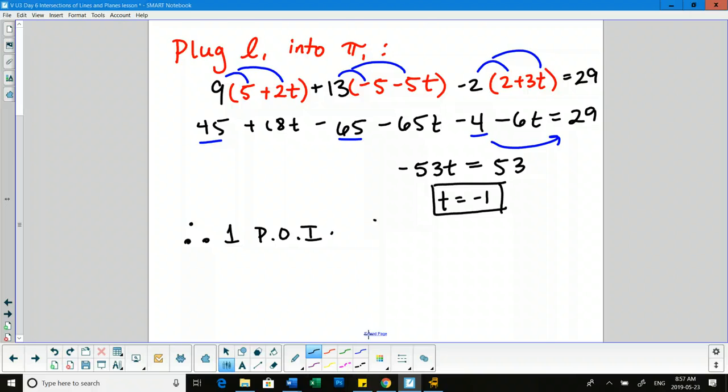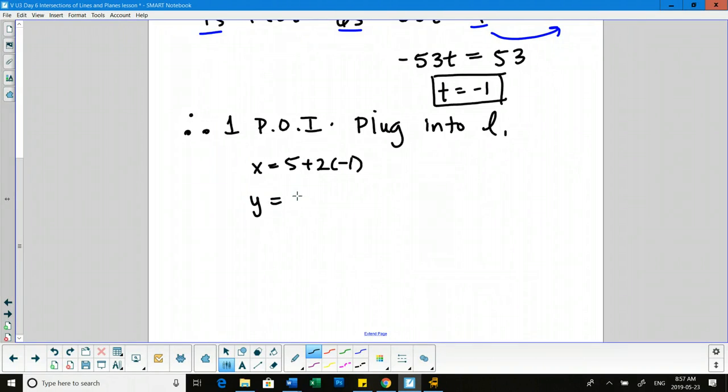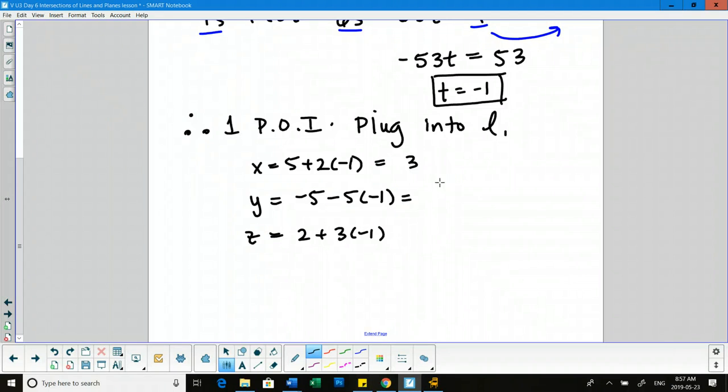Yeah, so we'll just plug it in to L1, and we'll have our point. Okay, so here we're getting 3, 0, and negative 1.